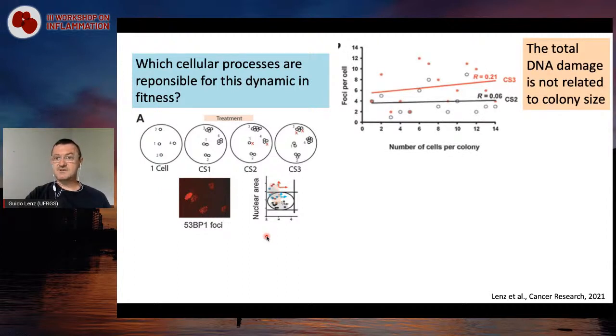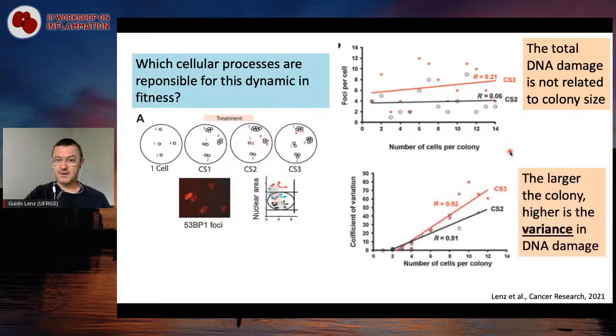So there was no difference between the number of foci. There was no correlation between the number of foci and the number of cells in the colony, meaning the absolute degree of damage that occurs during the treatment, and after treatment with temozolomide, was not correlated with the size of the colony.